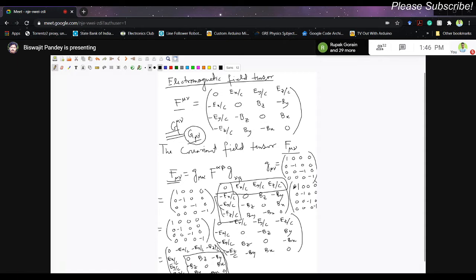And by combining this f mu nu and g mu nu, because we know that the dot product of two four vectors is a Lorentz invariant that we have learned earlier. Similarly, a 4 vector is nothing but a tensor of rank 1. So mathematically speaking, they are just tensors of different rank. It's not like it just holds for tensors of rank 1 and will not hold for tensors of rank 2.